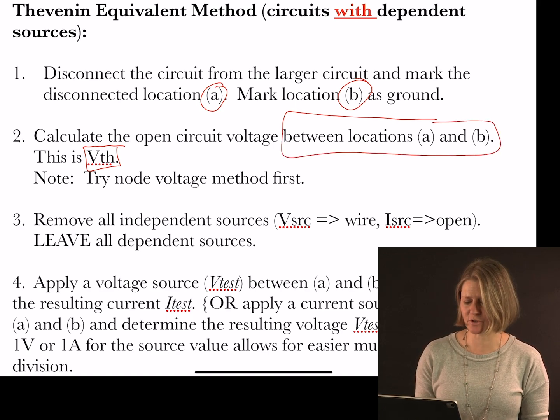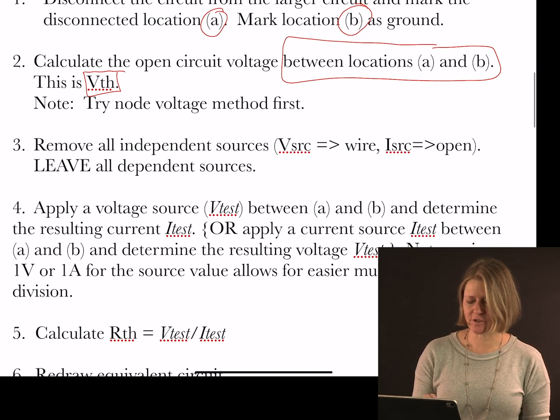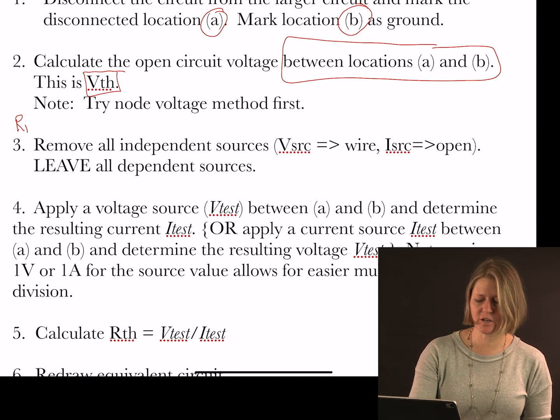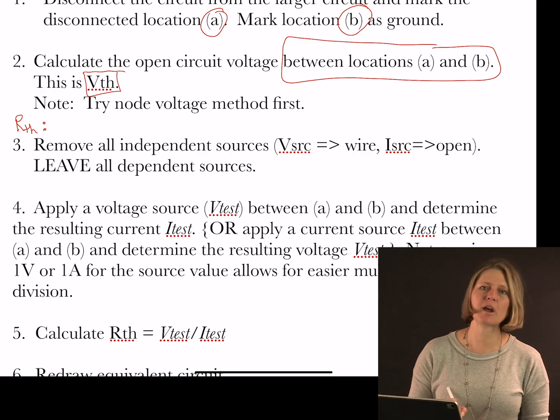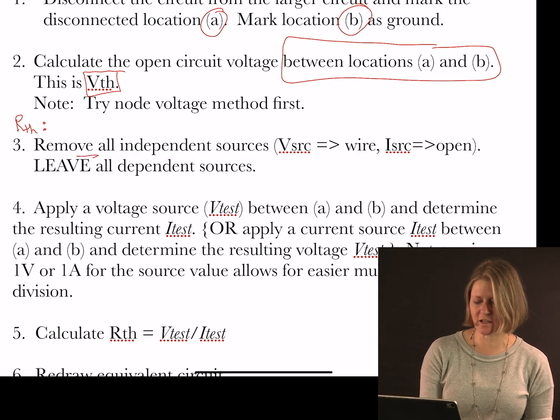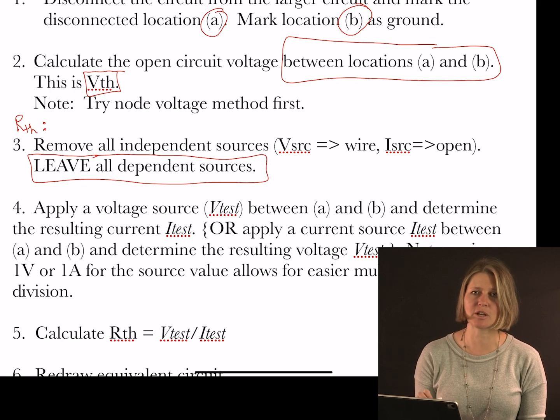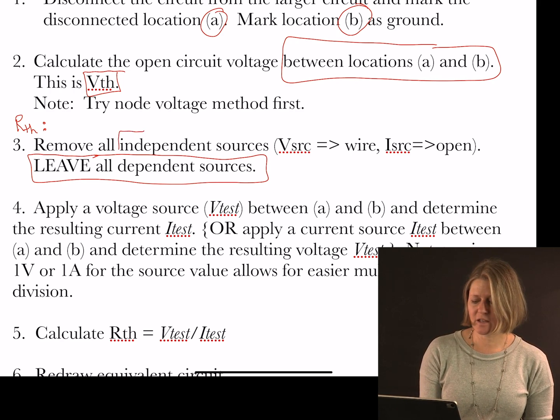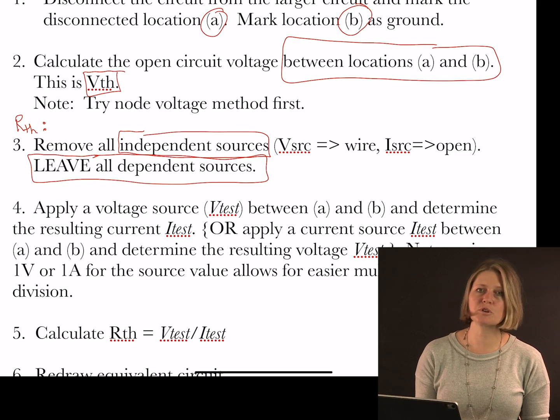From there, you're going to find the RTH. The method to find RTH is a little different than when you have independent sources. For a dependent source, you're going to leave that in the circuit. You're going to leave all the dependent sources in the circuit. Independent sources, you're going to remove.